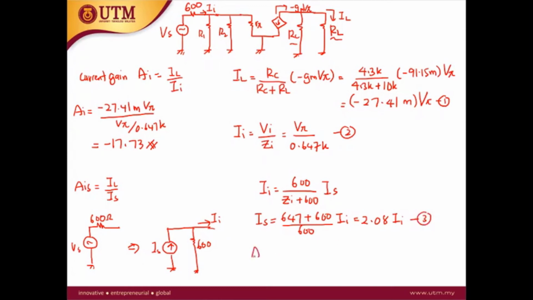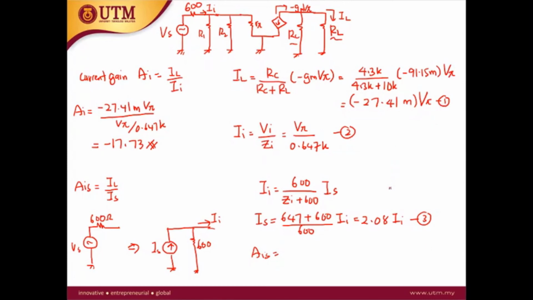So AIS can be calculated from equation number 1 and equation number 3. You get equations number 1, 2 and 3.